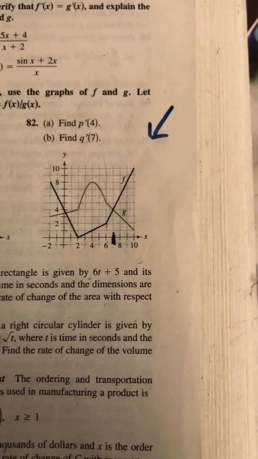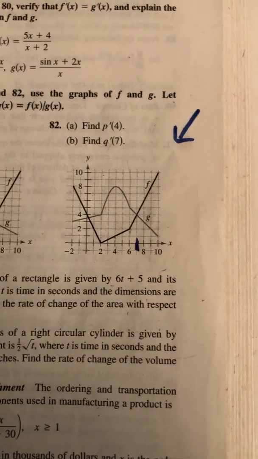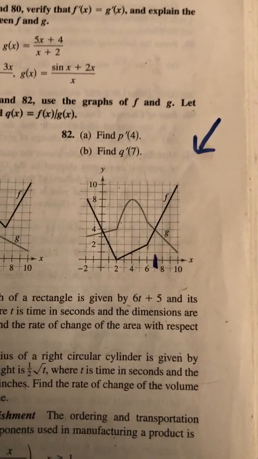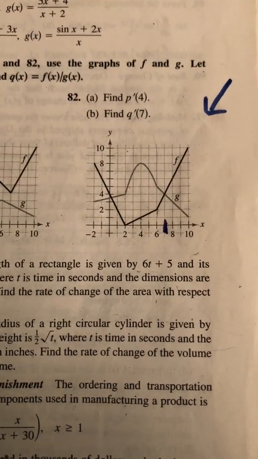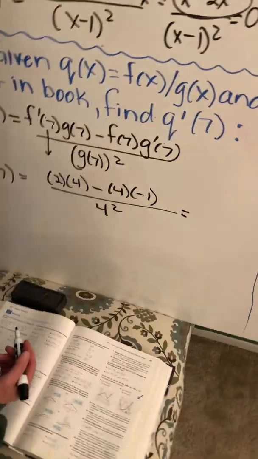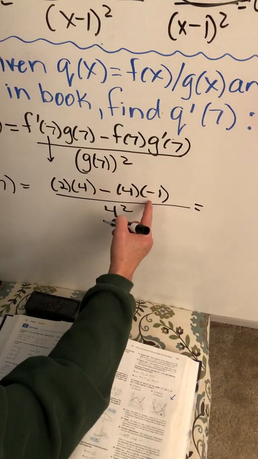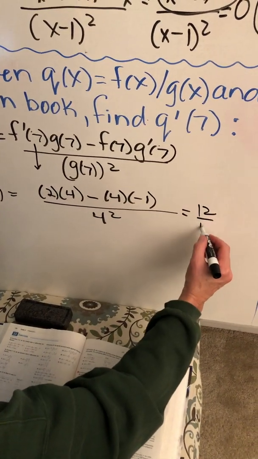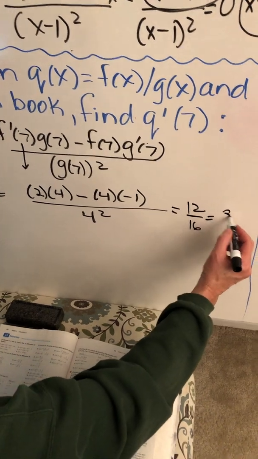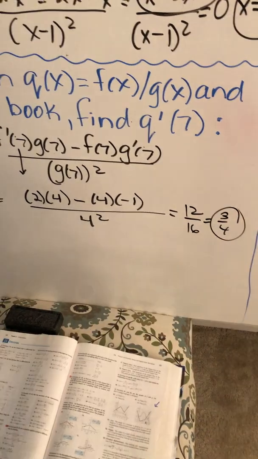And now we're going to use it. And g of 7 squared, we already got that was a 4, so that is 4 squared. Now, back up to the board, we got all of our information from the chart. We have some easy math here. We have 8 plus 4 is 12 over 16. I'm sure that they would reduce that to 3/4.